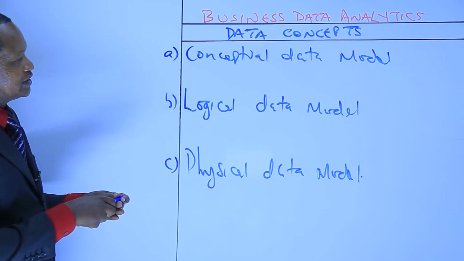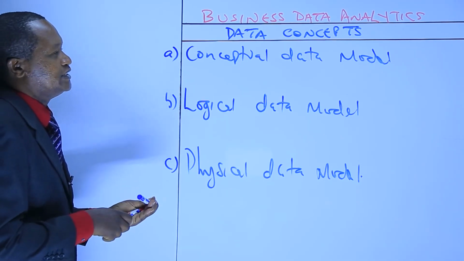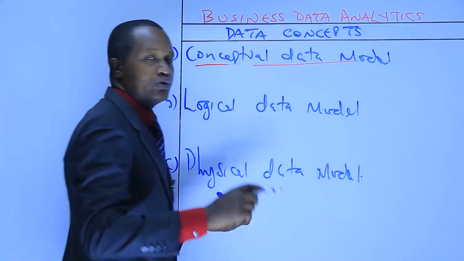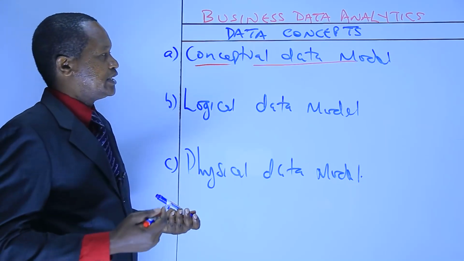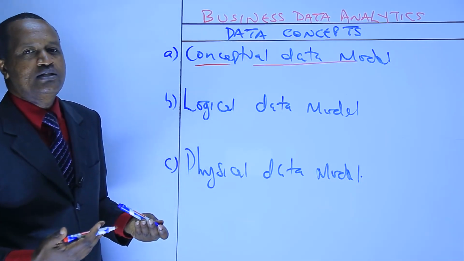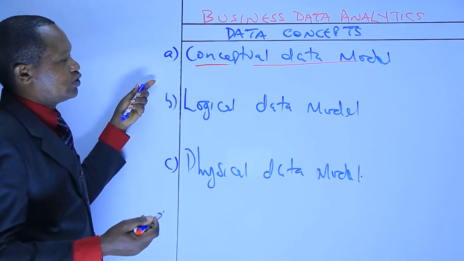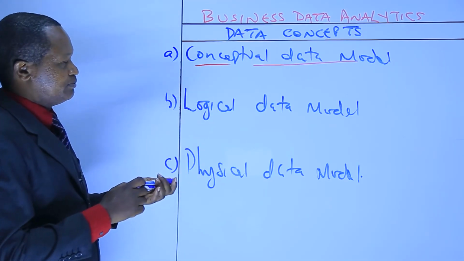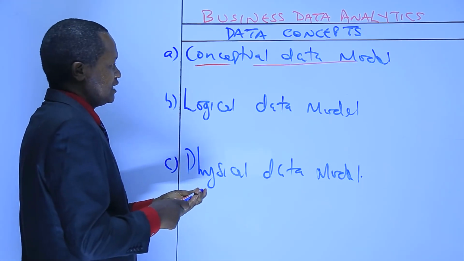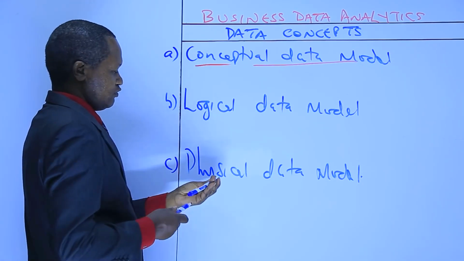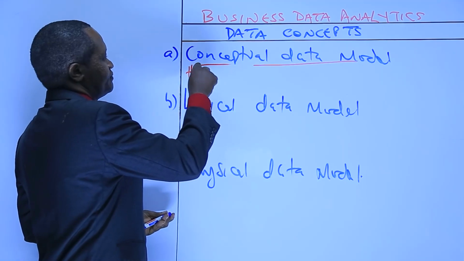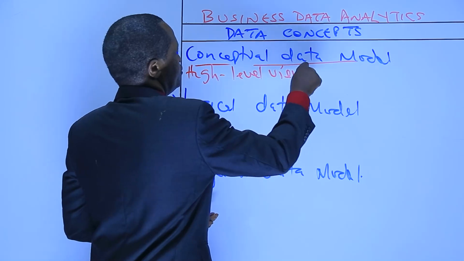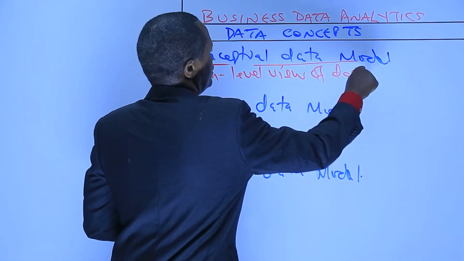So the first one is conceptual data model. What is a conceptual data model? A conceptual data model represents what we call the high-level view of data.